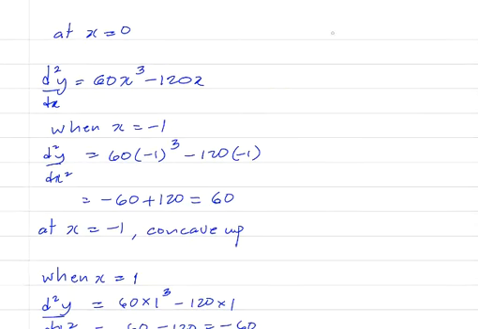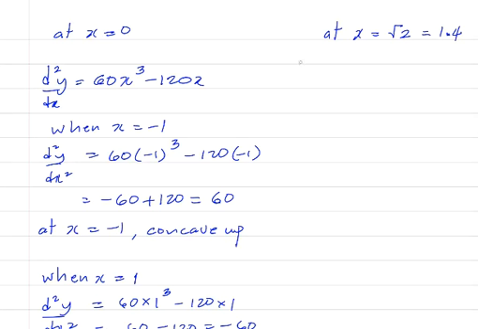Alright, at x is equal to the root of 2. I'm going to say the root of 2 is approximately 1.4. So we can test before and after it. I think we already tested when x is 1.